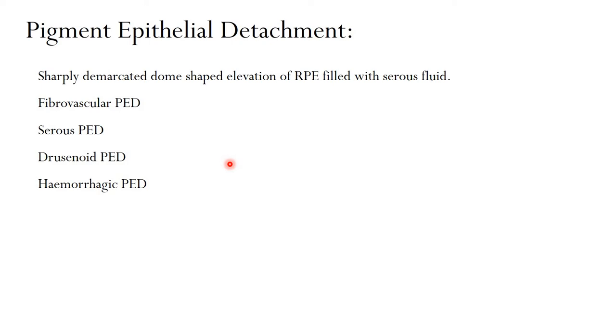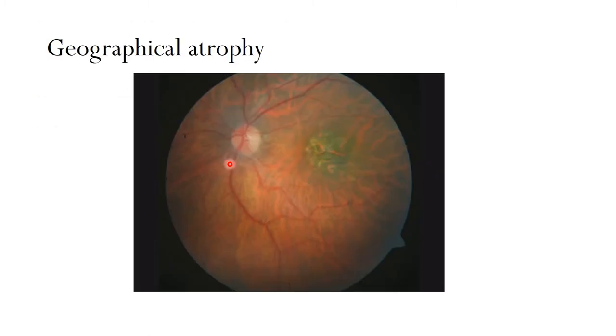There would be a serous fluid accumulation. It can be further divided into fibrovascular pigment epithelial detachment, serous PED, drusenoid PED, and hemorrhagic PED. The names themselves tell what exactly they look like, or what their characteristics are.